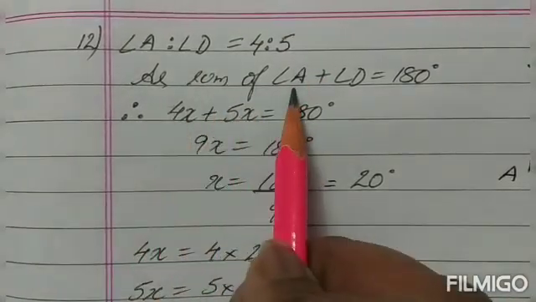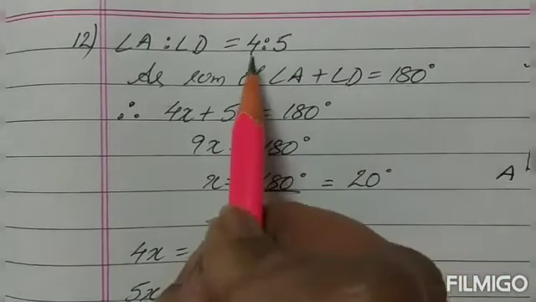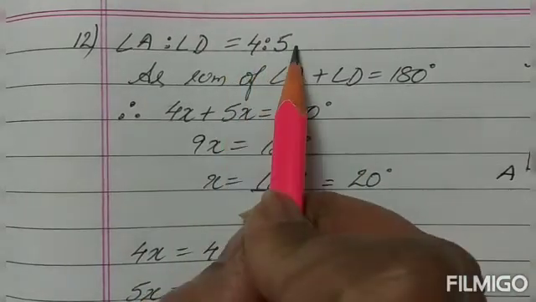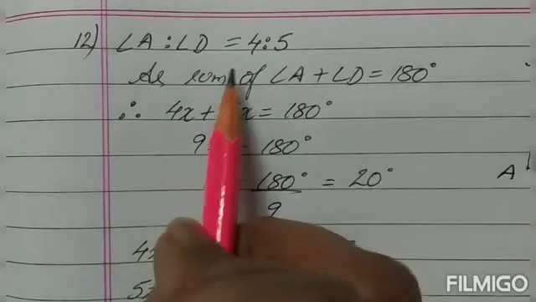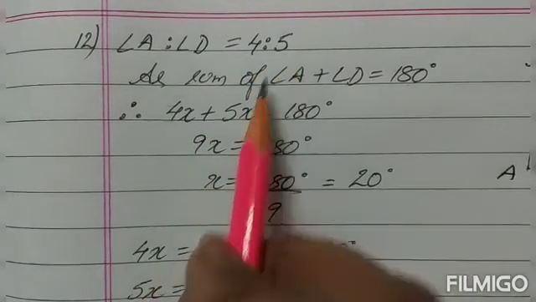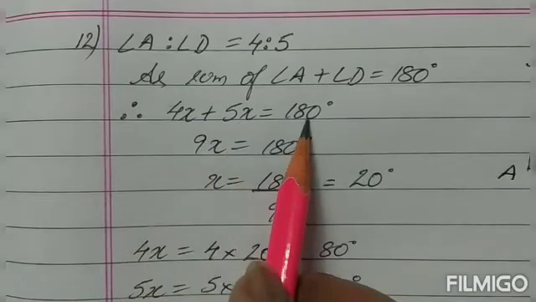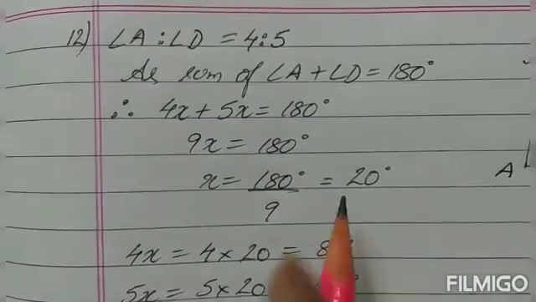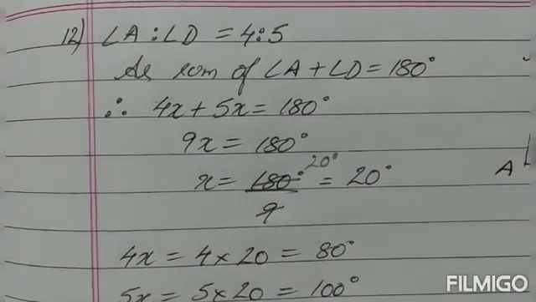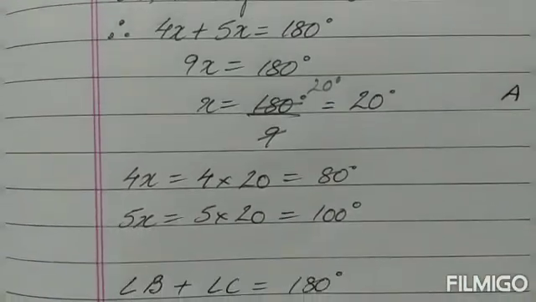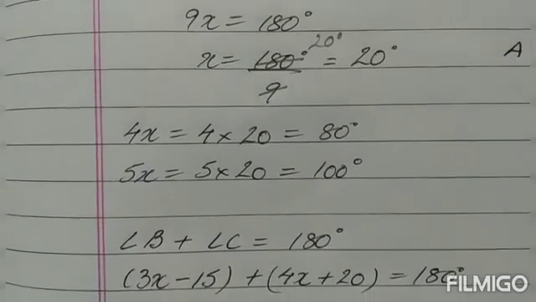As the sum of angle A and angle D is 180, I have taken the ratio of 4:5 in the form of a variable with x. So the angles are 4x and 5x. The addition of these should be 180. x is equal to, after you reduce it, 20 degrees. Put the value of x in 4x and 5x, that is 80 and 100.